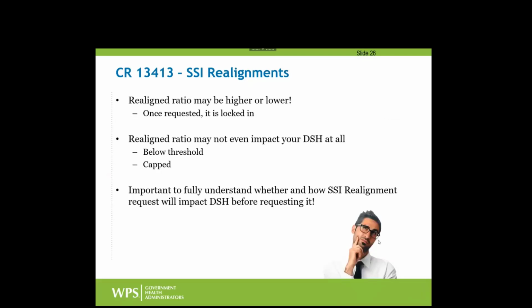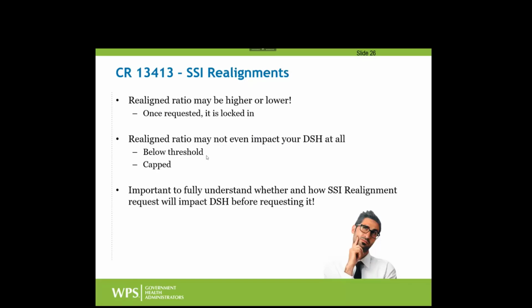That's the other thing I want to mention. If you're capped, for example, if you're already at the 12% cap, a higher SSI ratio is not going to help you, assuming you are not exempt from the cap to begin with. So an SSI ratio increase might not do anything for you. It might impact capital DISH. If you had capital DISH, that might still be beneficial, but it wouldn't benefit operating DISH.